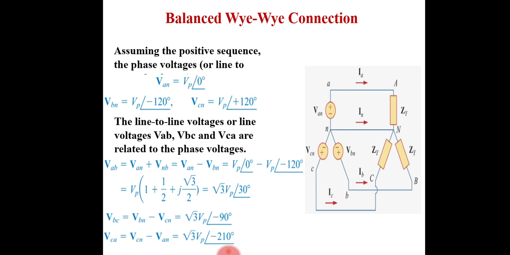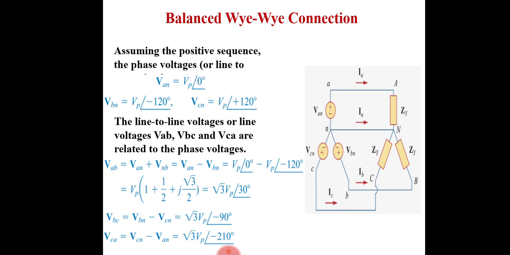We rewrite this as VAN minus VBN. Putting in the values, VP with angle 0 degrees minus VP with angle minus 120 degrees.